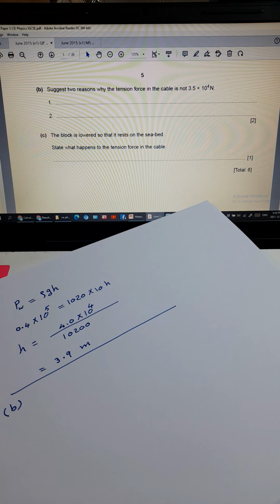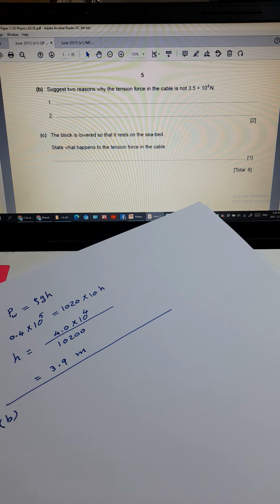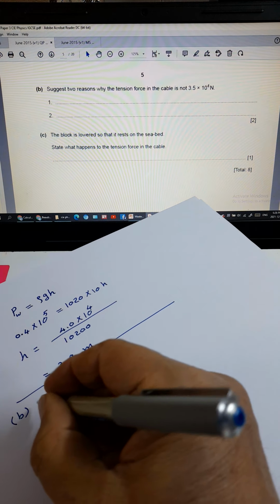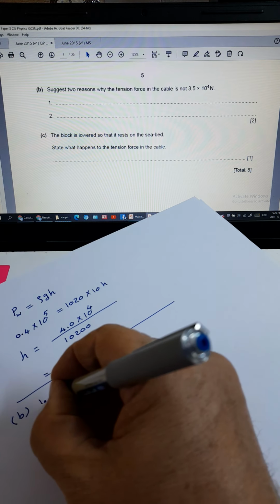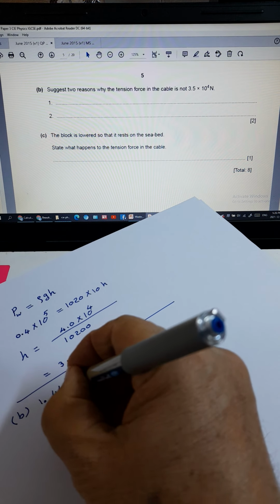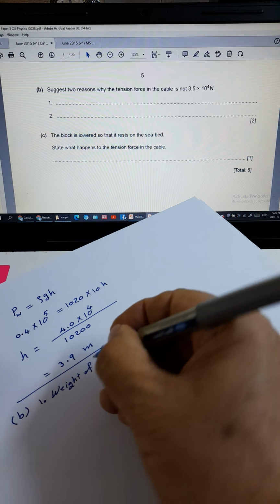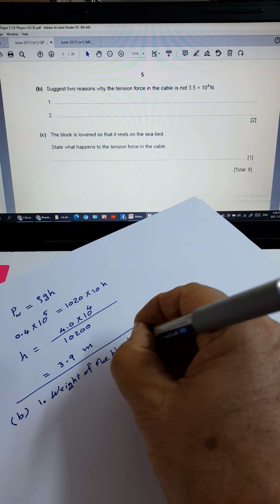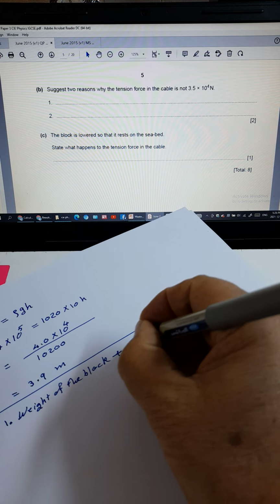B. Suggest two reasons why the tension force in the cable is not 3.5 times 10 to 4 newtons. The first reason is that the weight of the block and the weight of the cable.